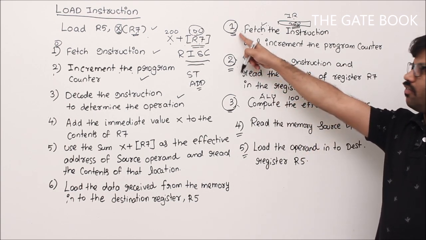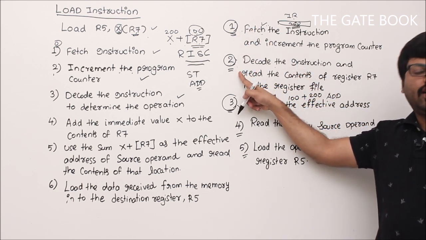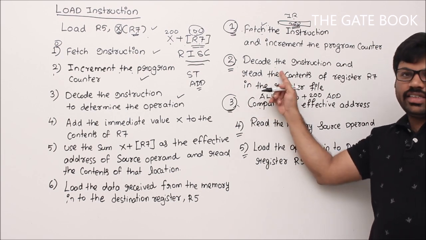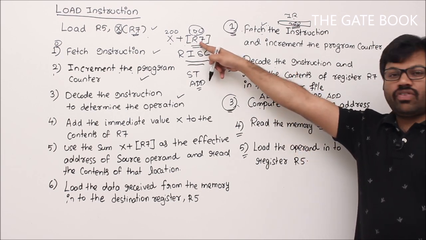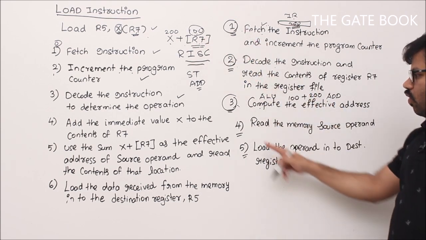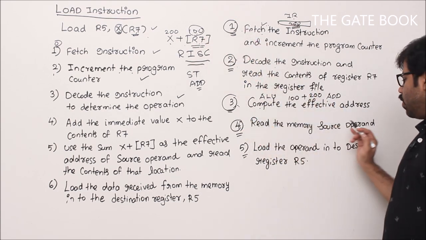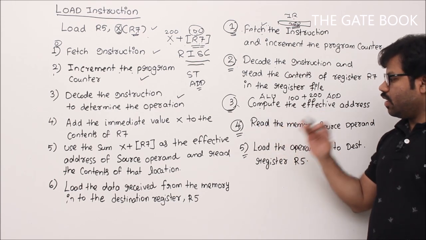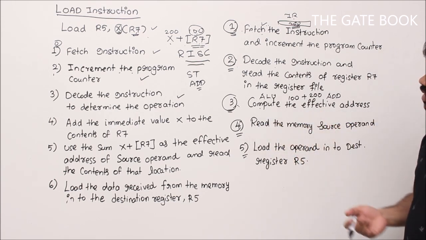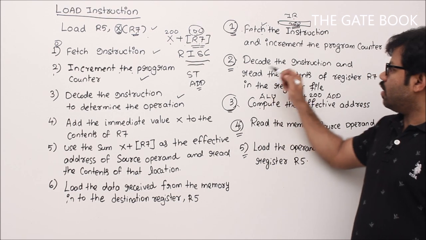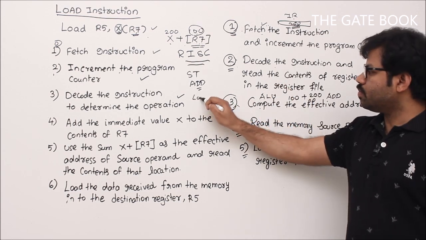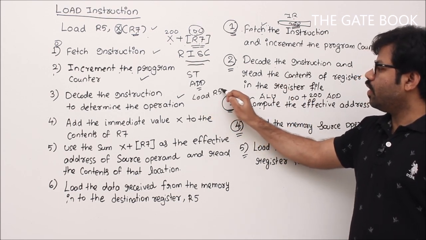In the first step we are fetching. In the second step we are understanding the instruction, and at the same time we are reading the data from register 7. Now the fourth step, read the memory source operand. That means we will be storing, do you remember? Let me write the instruction here. Load R5, X of R7.